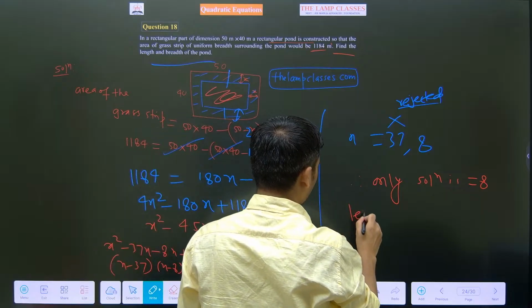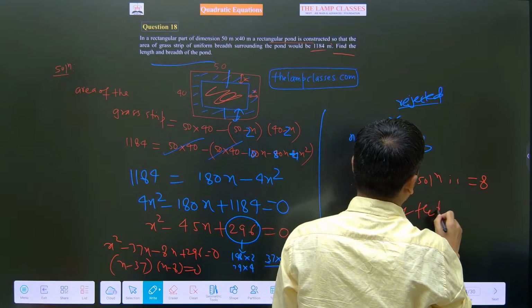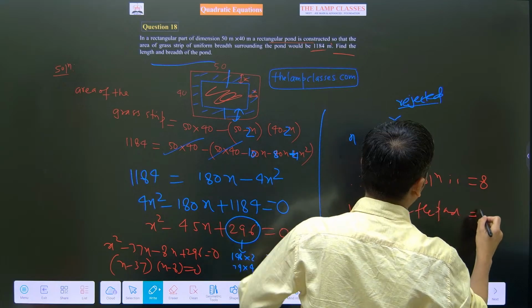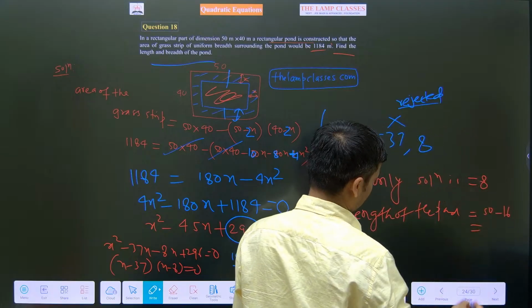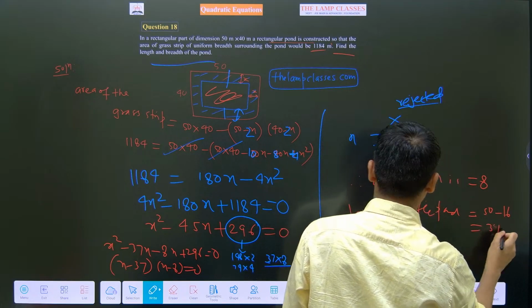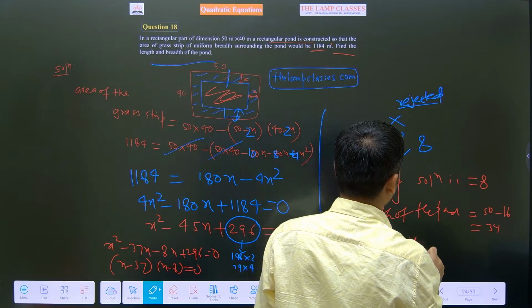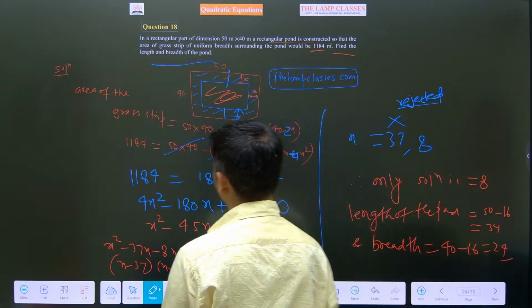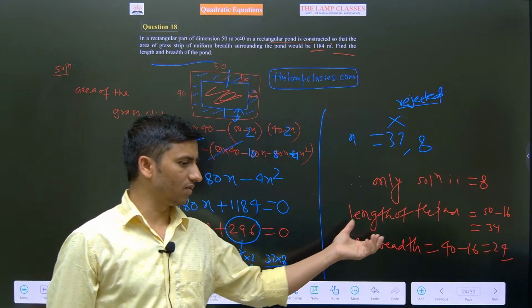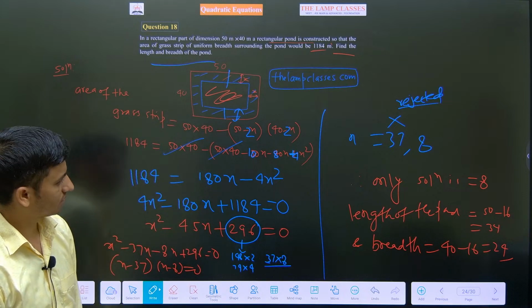So therefore length of the pond will be 50 minus 2x, right? So 50 minus 16 is 34, and breadth will be 40 minus 16, which is 24. Final conclusion should be like that. If we leave the final conclusion, half marks may be deducted.